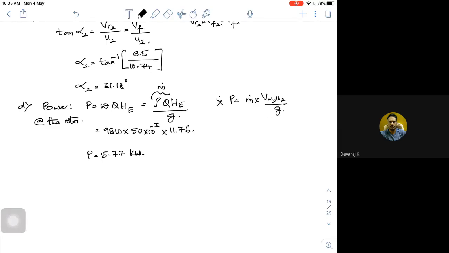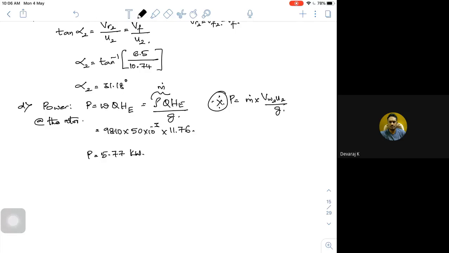So you should not get confused. I've been using that particular formula. Why are all of them the same? Because some textbooks go with either gamma QH or omega QH. You have to be very careful. When I'm using omega QH, actually you should not use manometric head.